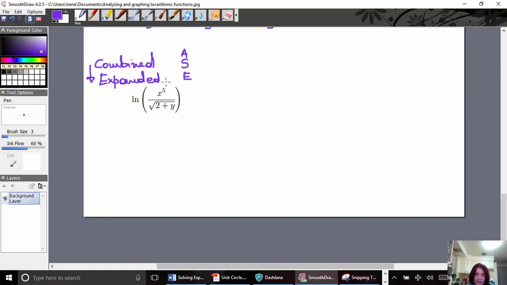When I move from the expanded form to the combined form, then I go upwards, exponent, subtraction, addition. So now I go from combined to expanded because I have the combined and I want to expand it. So I'll go addition, subtraction, exponents.